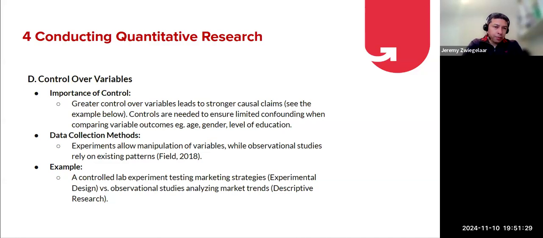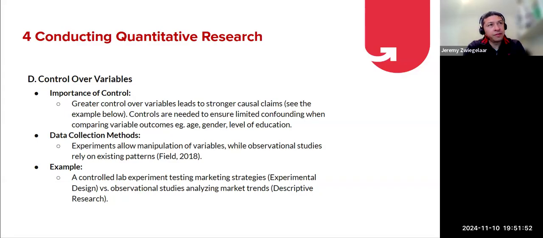Control over variables. So the importance of control. You need to be able to control for certain variables and limit the confounding factors. If we want to look at age, gender, or level of education, for example, we use control variables for that.